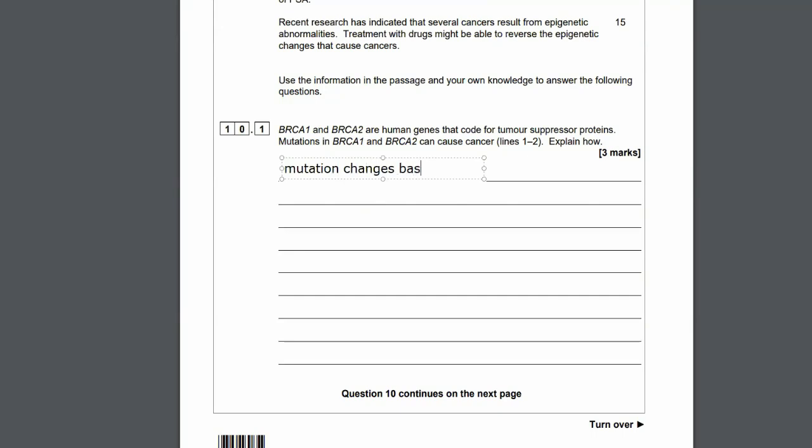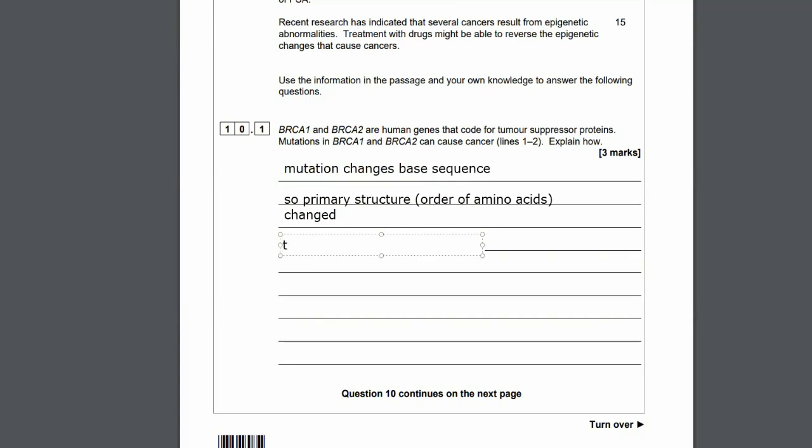10.1. BRCA1, BRCA2 are human genes that code for tumor suppressor proteins. Mutations in BRCA1 and BRCA2 can cause cancer. Explain how. So, mutation changes the base sequence. This is going to change the primary structure, or the order of amino acids, which changes the interaction of the R groups and therefore the bonding.